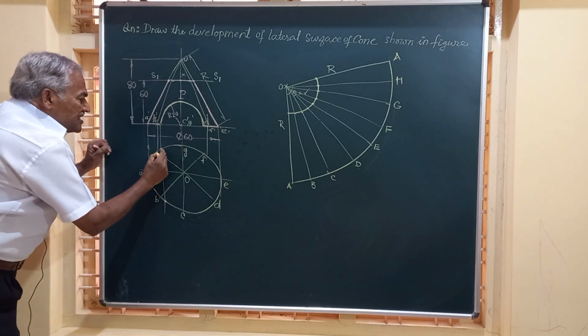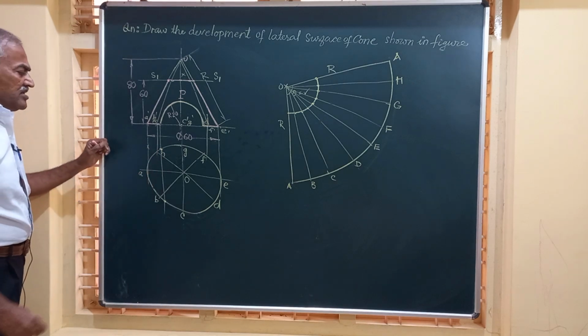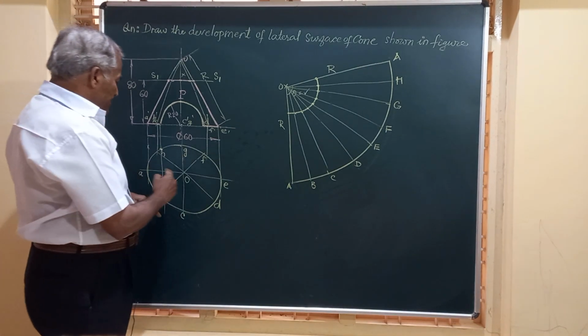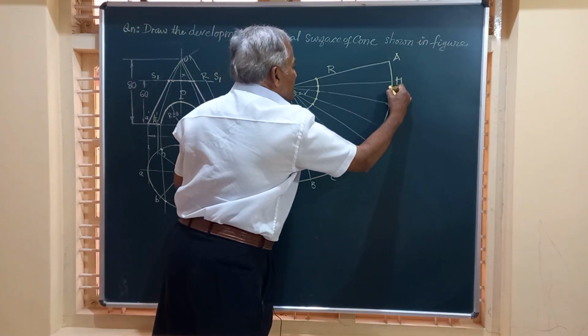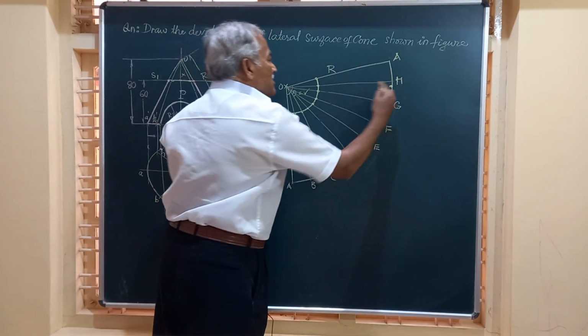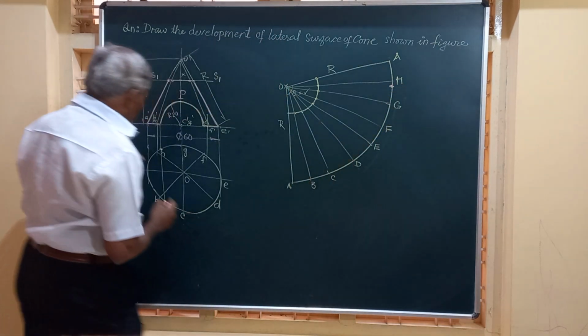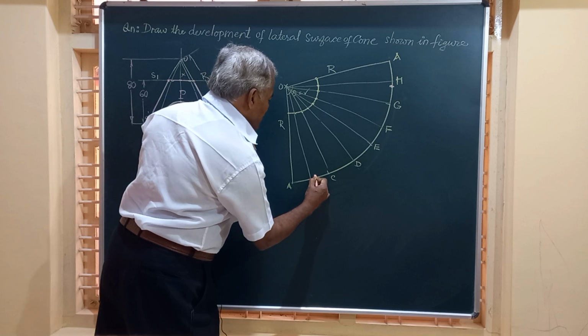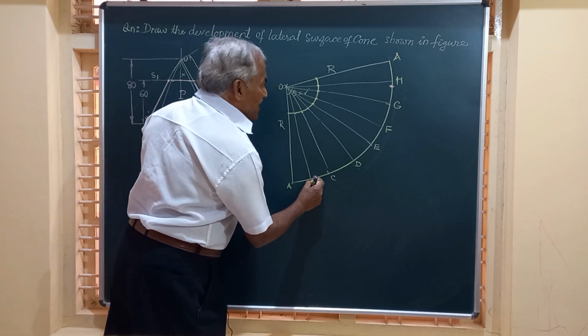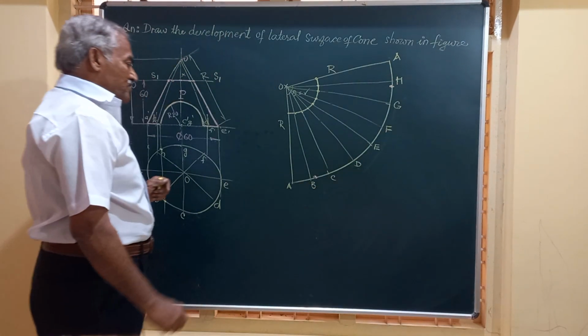On HG, nearer to H, you get a point here. Similarly, on BC, nearer to B. So this gap and this gap are the same.